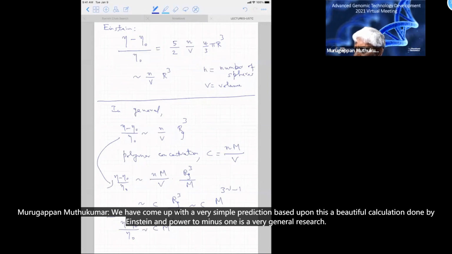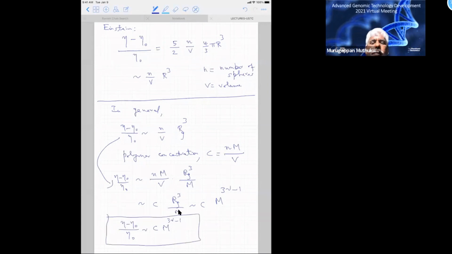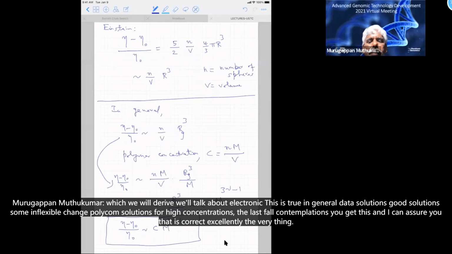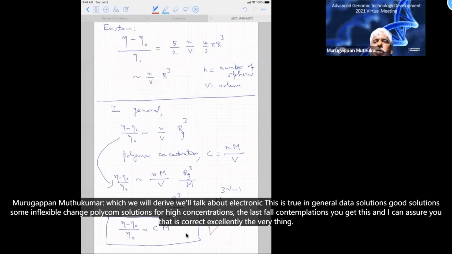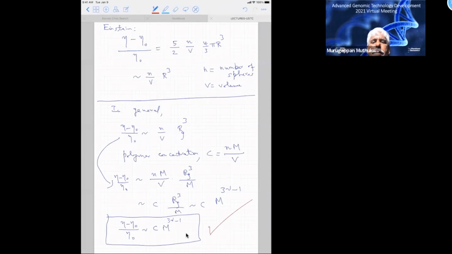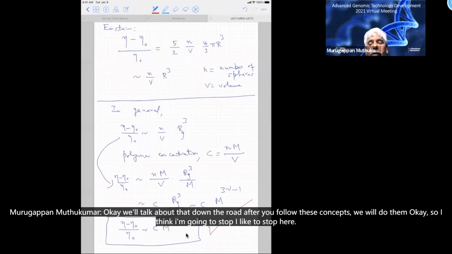This is a very general result, which we will derive and talk about later on. This is true in general: theta solutions, good solutions, semi-flexible chains, polyelectrolyte solutions, high concentrations, low salt concentrations. You get this way. And I can assure you that this is correct. Experimentally, we verify that. Okay, we will talk about that down the road, after you follow these concepts.